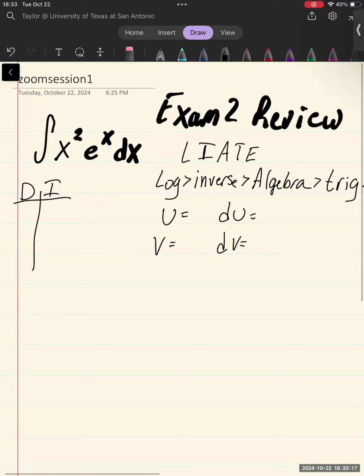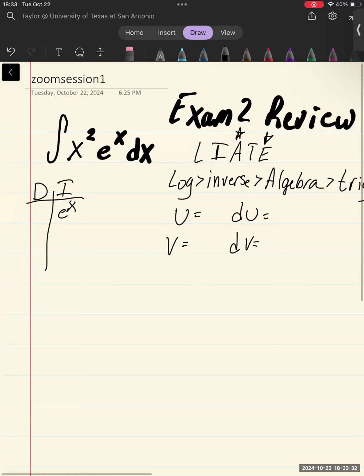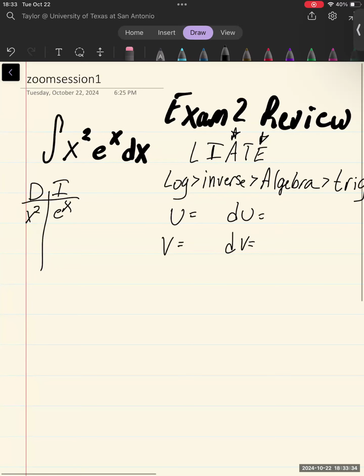And so in this case, we have an algebraic expression and an exponent. I see that some people have already pointed out the integration term is going to be e to the x, making our differentiation term x squared.